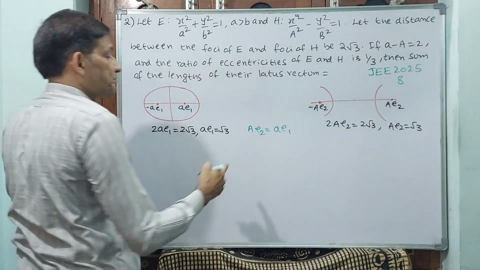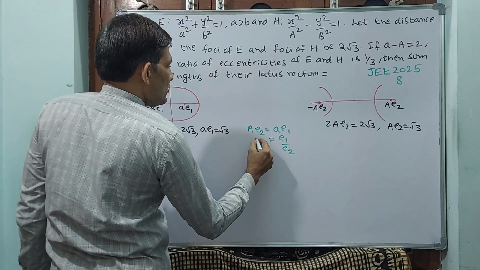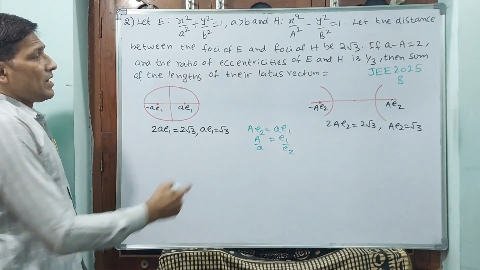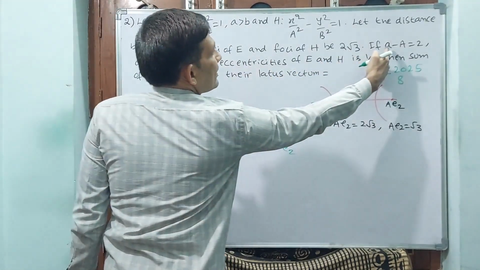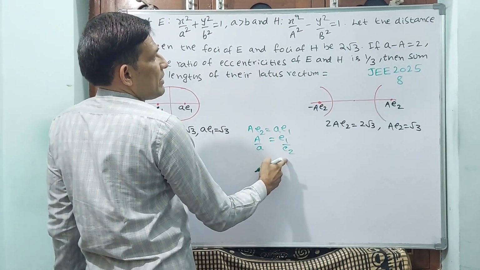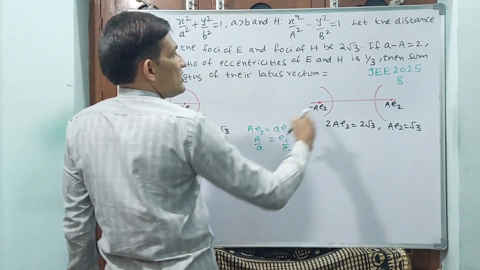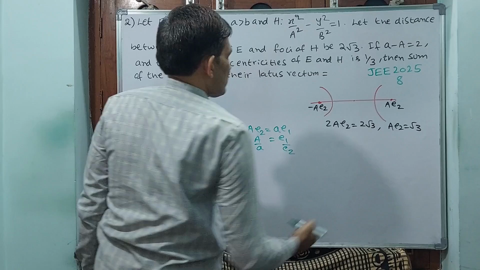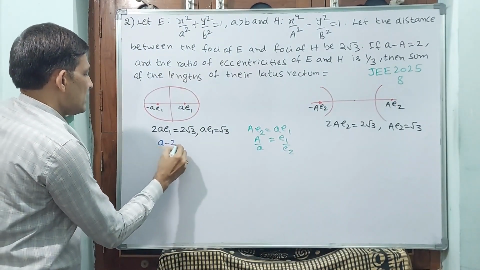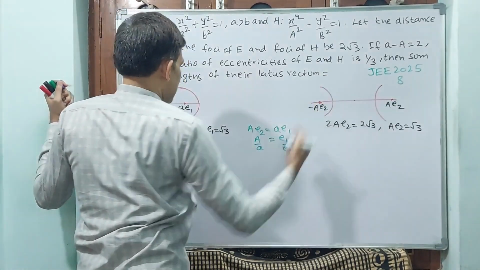That means E1 by E2 is equal to capital A by small a. But the relation between capital A and small a they have given. That means I want to write 1 by 3, this is E1 by E2. Numerator only I will change. Capital A is equal to a minus 2. So a minus 2 by a is equal to 1 by 3, because E1 by E2 is 1 by 3.